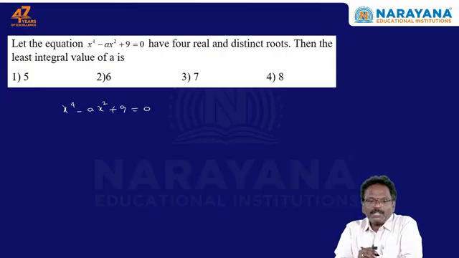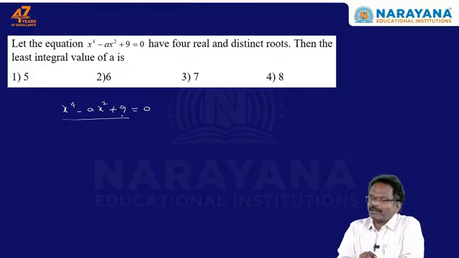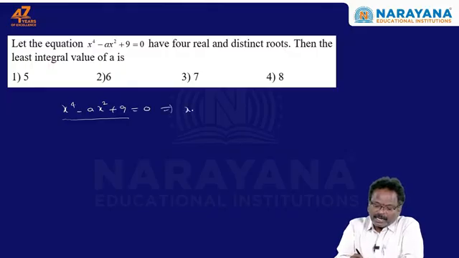To calculate the least integer value of a: this is a fourth degree equation, or we can call this a second degree equation in terms of x square. That means we can write this as x square whole square minus a into x square plus 9 equal to 0.